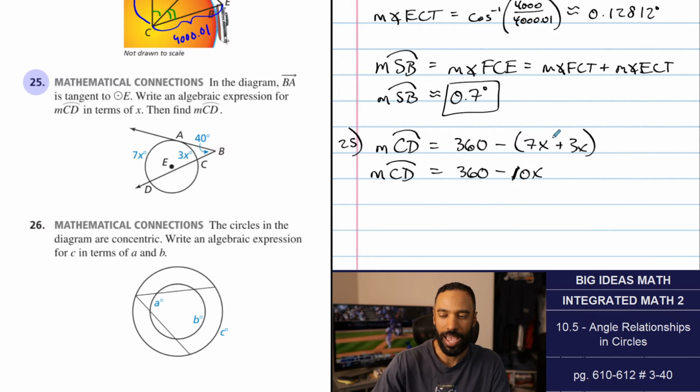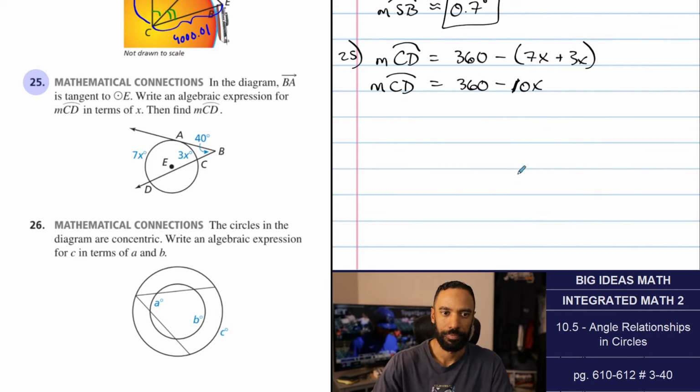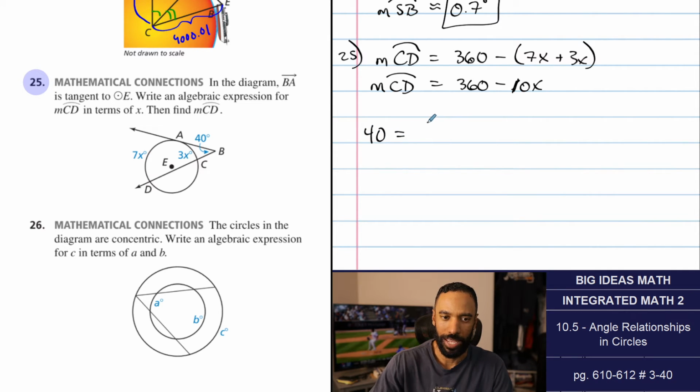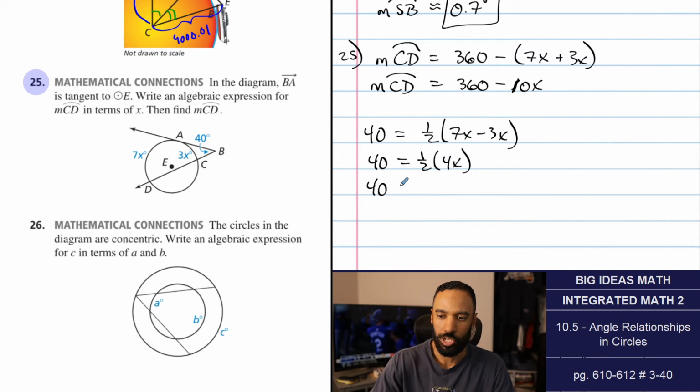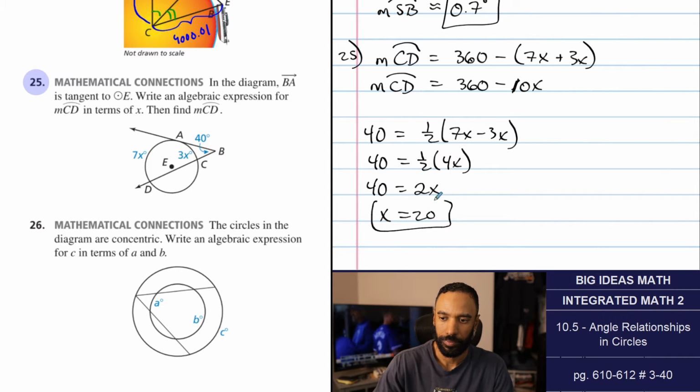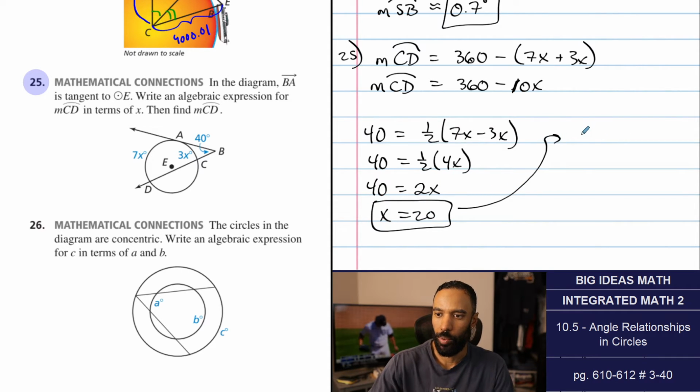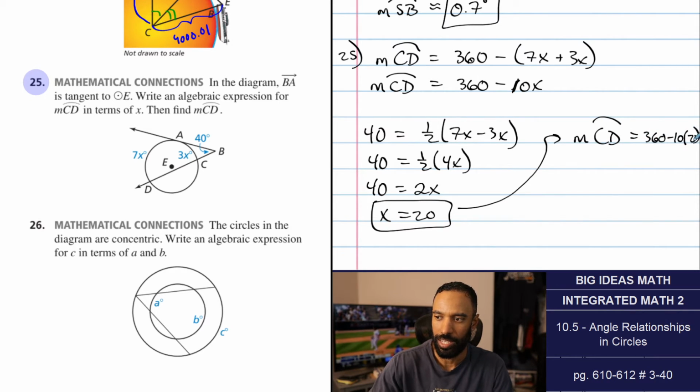So let's solve for x, and then we'll substitute that into there. To do that, let's do that setup. 40 is going to be half of 7x minus 3x. So 40 is half of 4x. Half of 4x is easy enough to do. I don't have to double things. I'll get 2x. So x will equal 20. So if x equals 20, the measure of arc CD is going to be 360 minus 10 times 20.